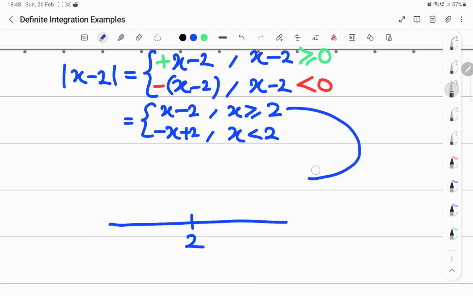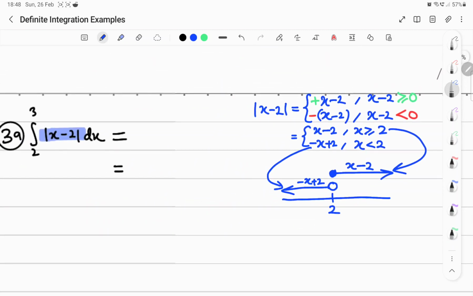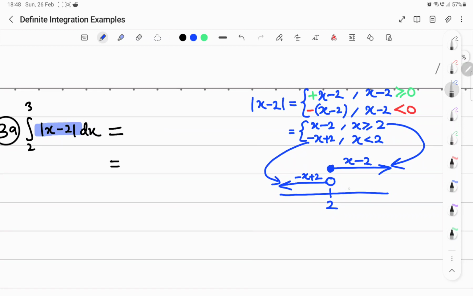To visualize it better, we can do this number line. We can represent the upper number line as a dense circle with an arrow to the right. This represents the first function. The second function can be represented as an empty circle with an arrow to the left. So this is minus x plus 2. Let's have a look at which interval is relevant to our integration.